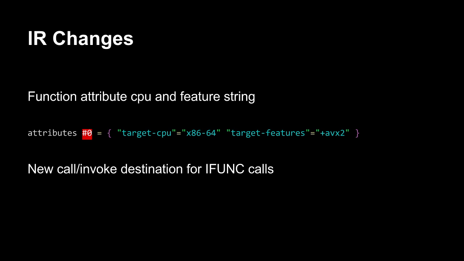So I've gotten used to attributes in the function, and then whenever you call a function that has the attributes, you just lower it as a special type of call that has the relocations. So he's asking if we can do a special attribute for it. These attributes aren't related to the call invoke destination.